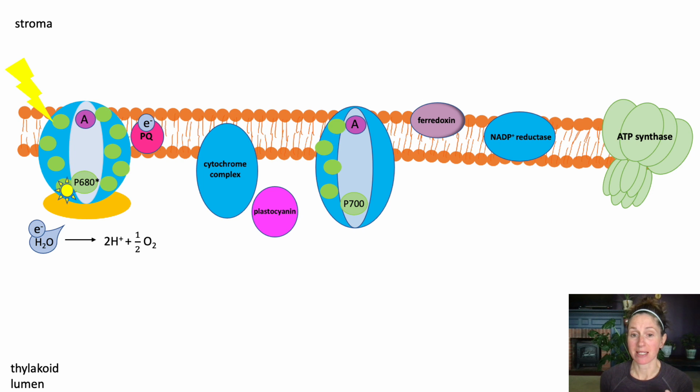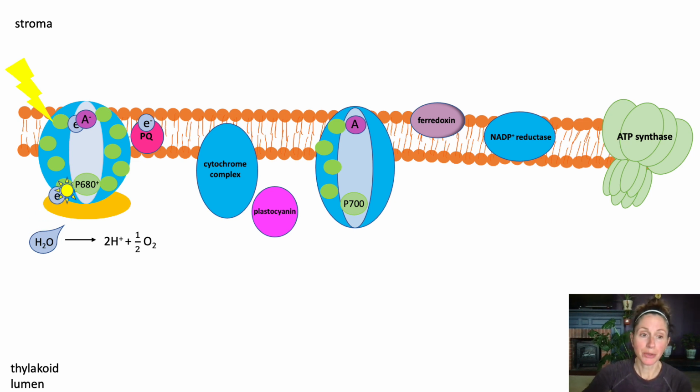So now it's P680 star, and it donates its electron again to the primary electron acceptor. So this keeps happening, but we're just going to look at it happening twice to work through one water molecule. And so now that primary electron acceptor is negative and P680 is positive again because it's lost its electron.